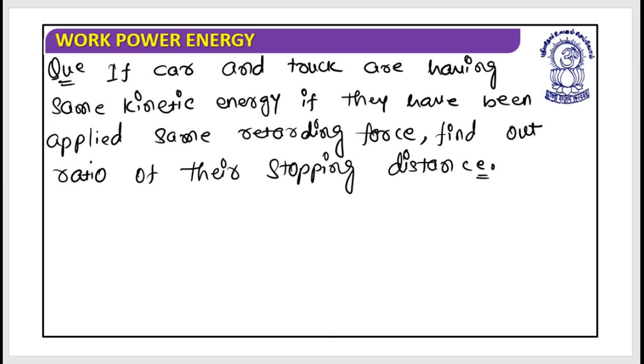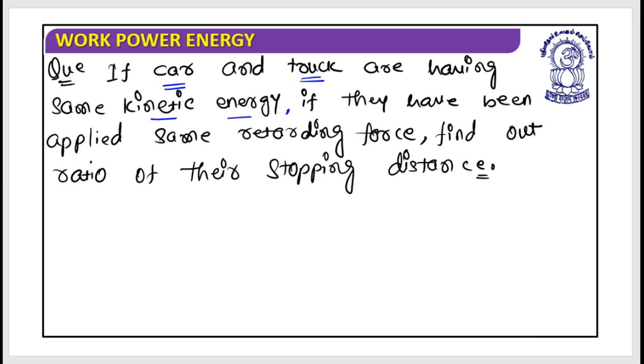So look at this question, very interesting. It says that if a car and a truck have the same kinetic energy, that means they may be moving and have the same kinetic energy. Now if the same retarding force has been applied, find out the ratio of their stopping distances.